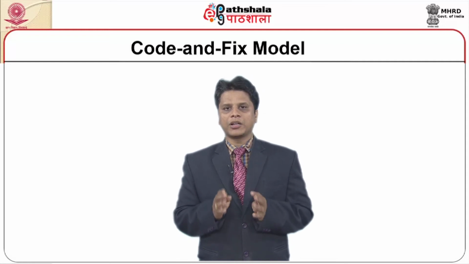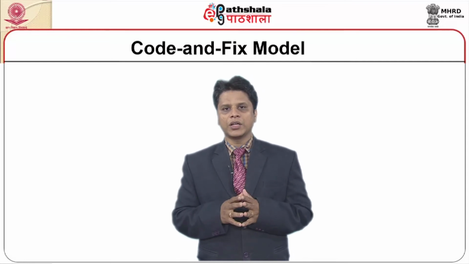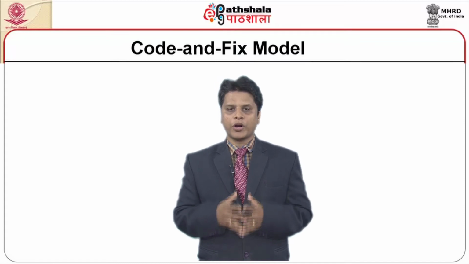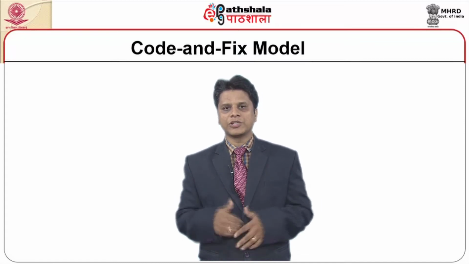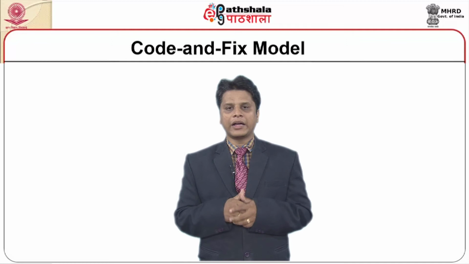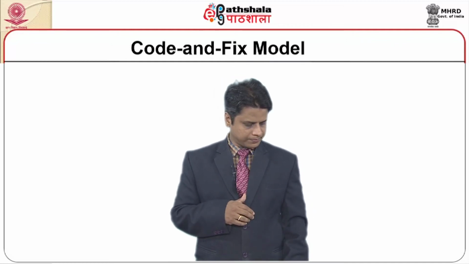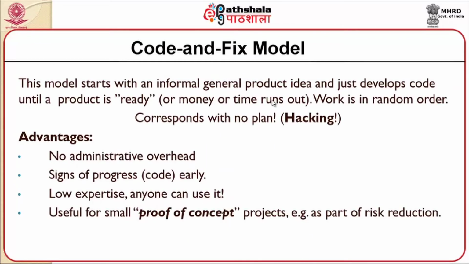This model is totally unsatisfactory for products that are to be developed with software of any unreasonable size. Further, this model starts with an informal general product idea and just develops code until the product is ready.